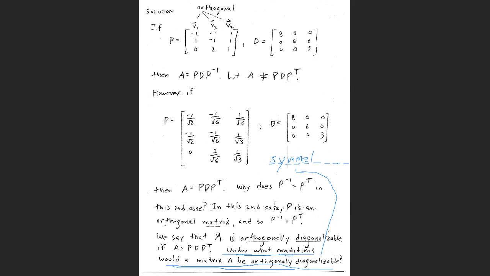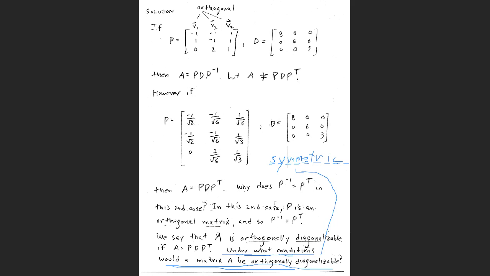So it turns out that symmetric matrices are going to be orthogonally diagonalizable. And that's going to be true in general.